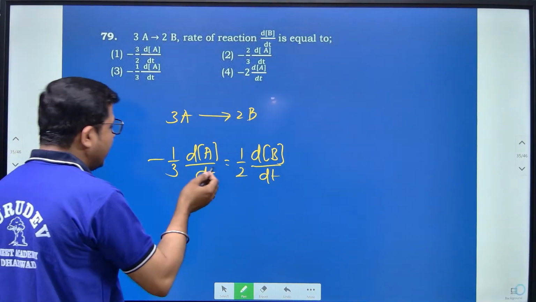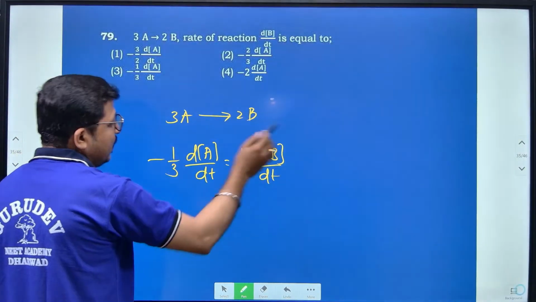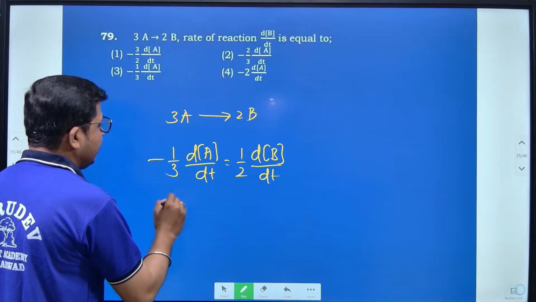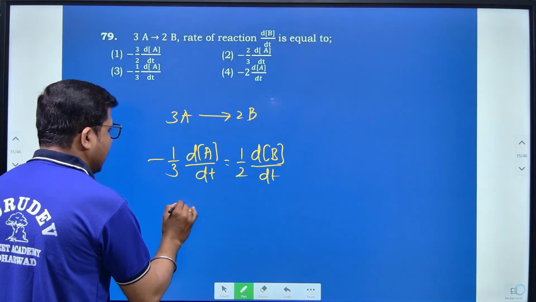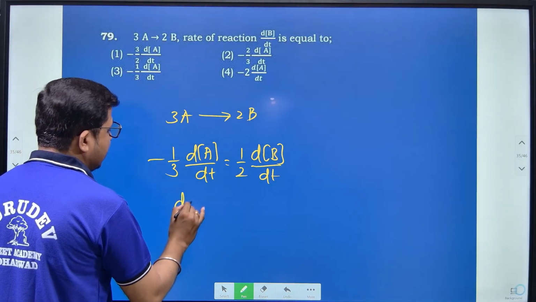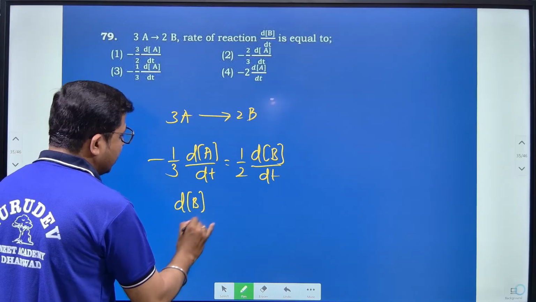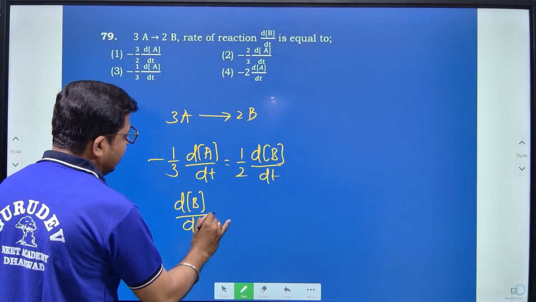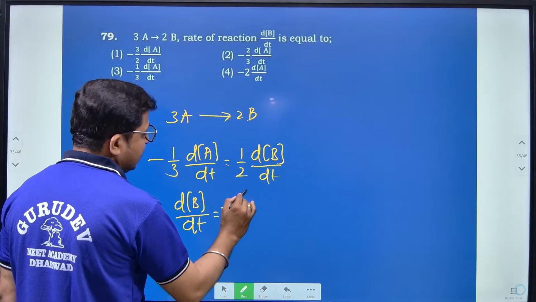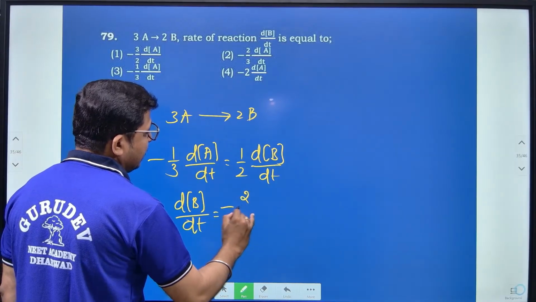Now after this one, please look at this one. Now I will write this as the change in the concentration of B with respect to time is equal to minus 2 by 3.